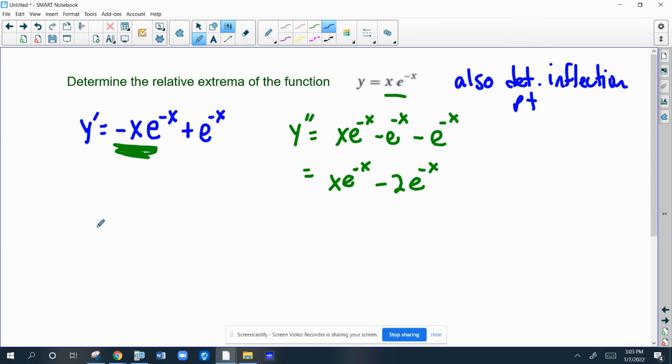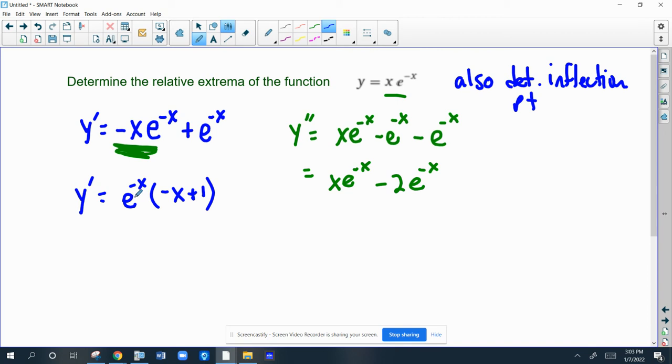So now I'm going to start finding everything. First of all, the critical numbers. I'll factor out e to the negative x and find out where this equals 0 or is undefined. Now, an exponential function will never equal 0. Just think about it.